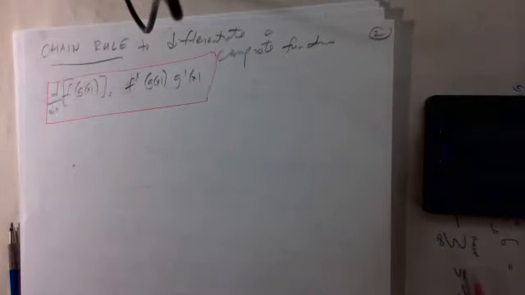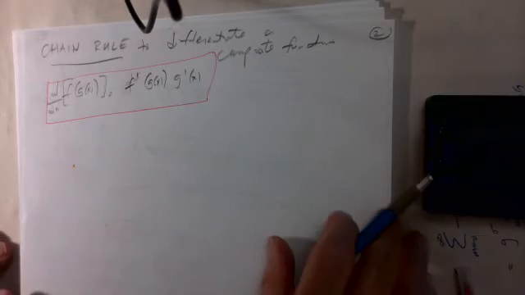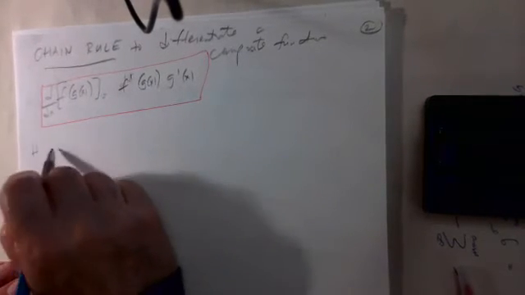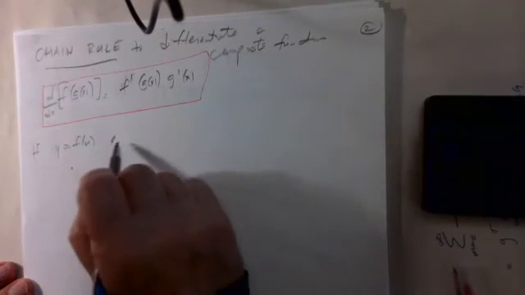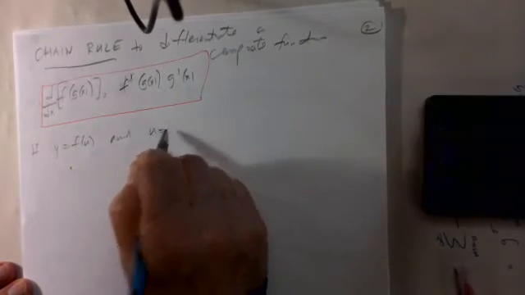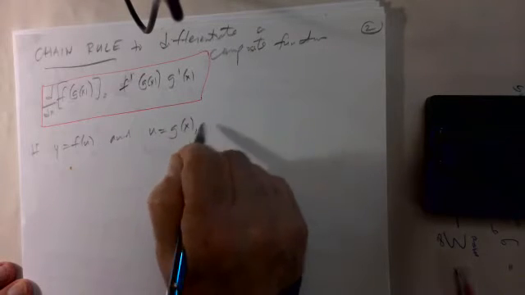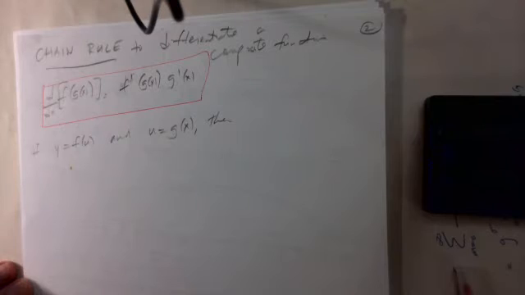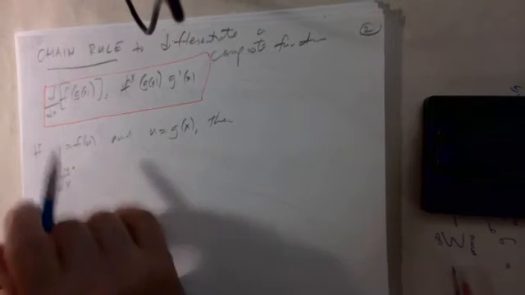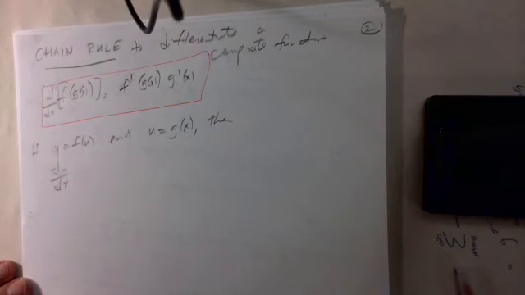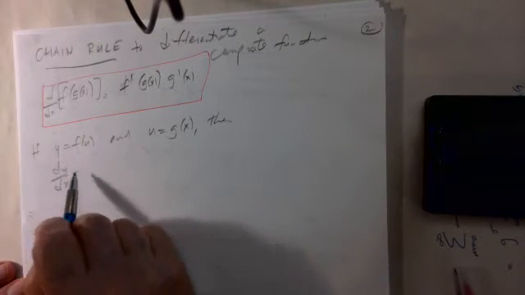And an easy formula to remember the rule for the chain rule is if y is some function of u and u is some function of x, then the composite function dy dx, so you can think of this almost as a fraction.